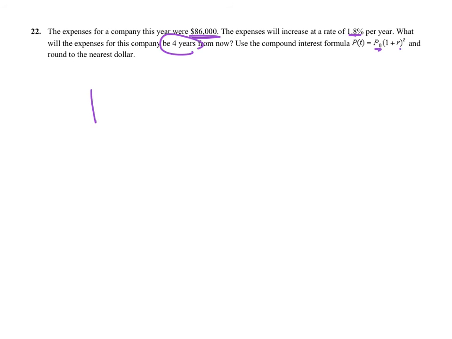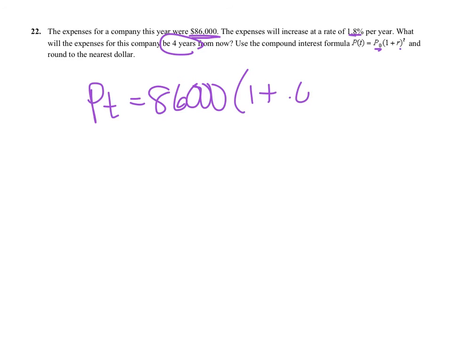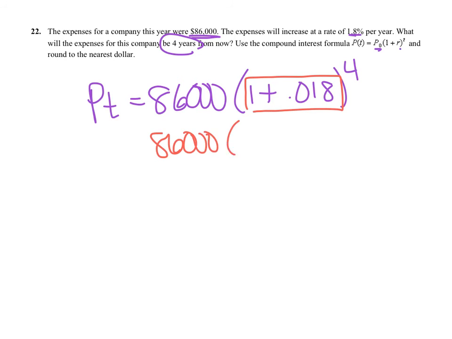So plugging it all into the formula, we've got P of T equals $86,000, parentheses 1 plus 0.018, raised to the 4. I'm going to combine my like terms first, and I'm going to get 86,000, parentheses 1.018 raised to the 4th power.